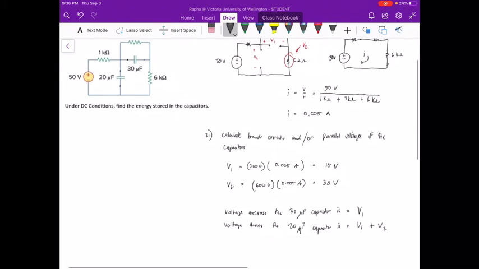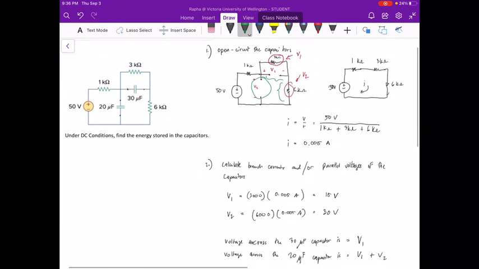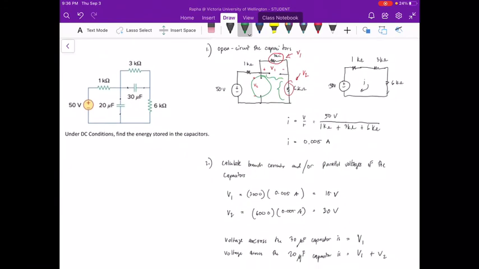Why is that? The immediate parallel of this capacitor here are these two. That can be a bit tricky at times, but please do remember, when we open circuit a certain element in a circuit diagram, we need to immediately determine its adjacent voltages.